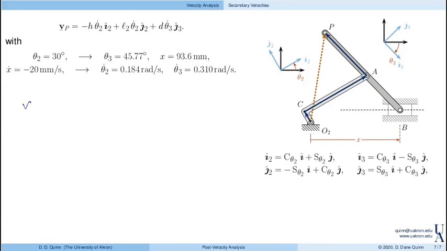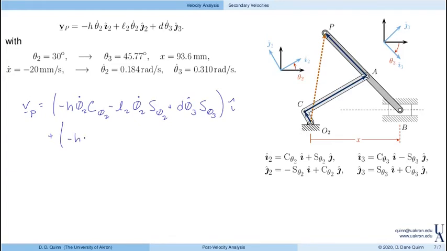So as a result, the velocity of P, and I'll write this in the I and J direction. In the I direction, again, using these relationships that we have here, minus h theta 2 dot cosine minus L2 theta 2 dot sine theta 2 plus d theta 3 dot sine of theta 3 in the I direction. And then in the j direction, we have minus h theta 2 dot sine.